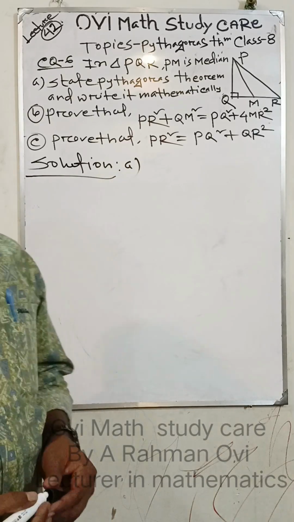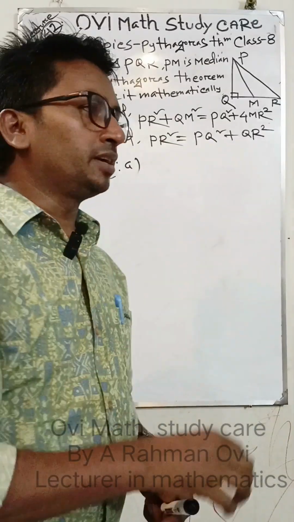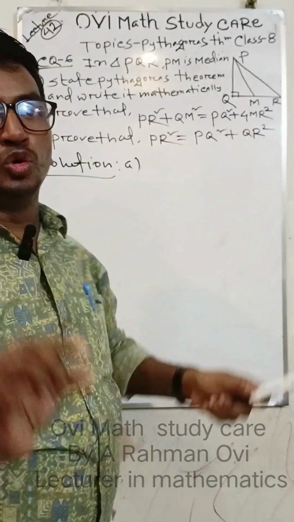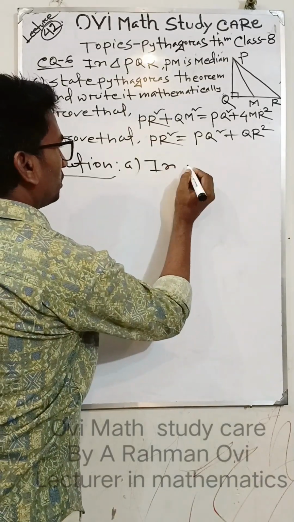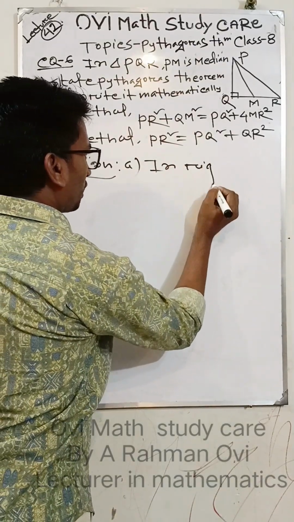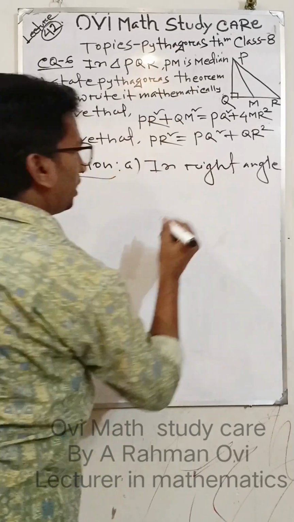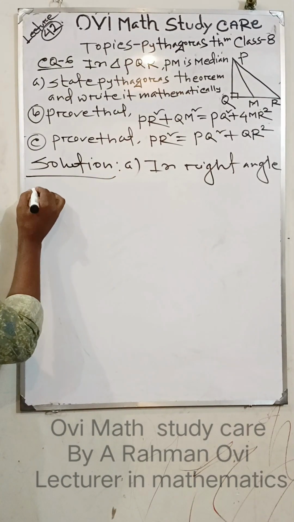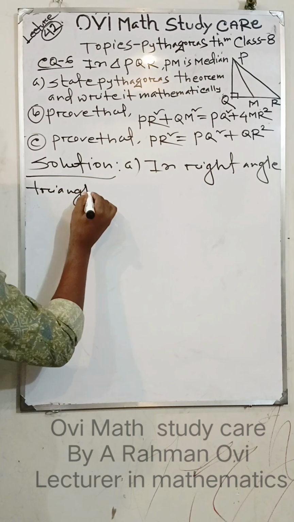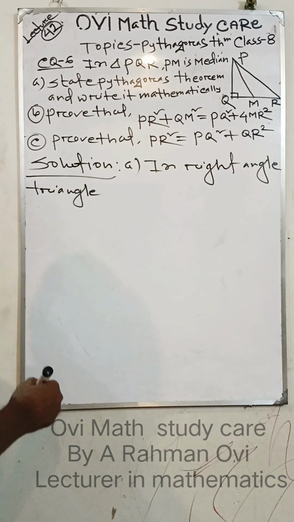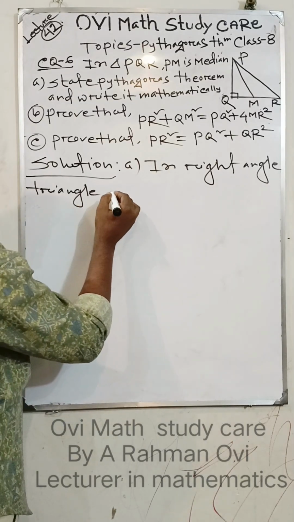What is state the Pythagoras theorem? What do you mean by this? It means that in a right angle triangle, square of hypotenuse.